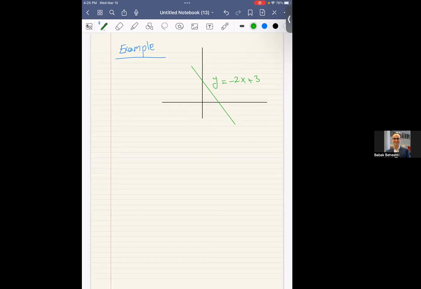So find a point on this line. This is the question. Find the point on the line that is closest to the origin.